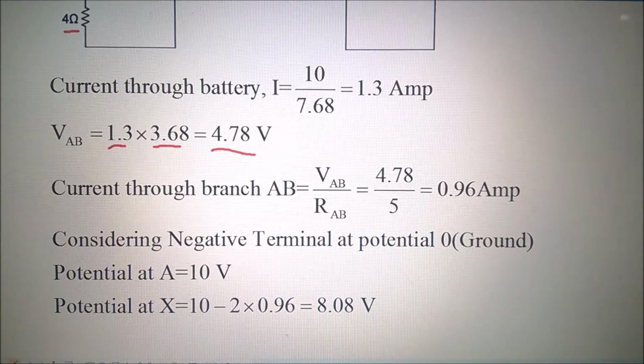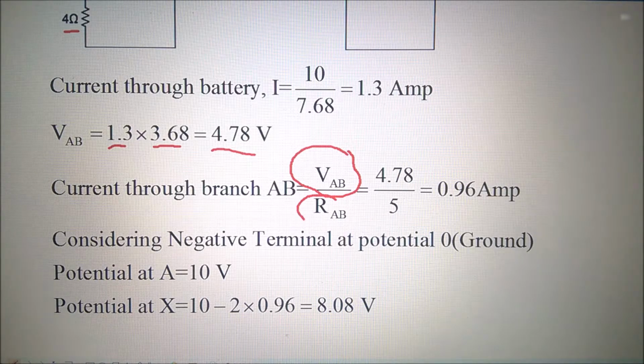The branch current: VAB is 4.78 divided by the equivalent resistance between A and B, which is 5.